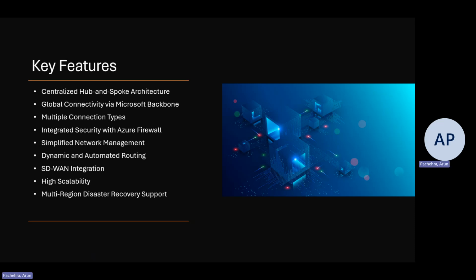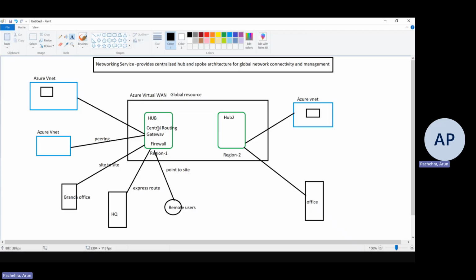The very first is a centralized hub and spoke architecture that we have already seen. In Azure Virtual WAN, it uses a centralized hub in an Azure region to manage and route traffic to connected resources such as branch offices, on-premises data centers, remote users, and Azure Virtual Network in a regional hub.